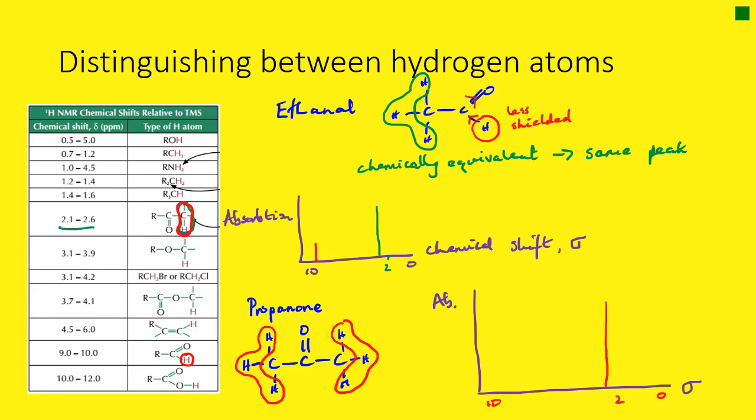Like so. And so now we've distinguished between hydrogens, or in fact noted that chemically equivalent hydrogens all appear on the same peak. So if the chemical shift of a peak tells us the functional group that the hydrogens are in, then we can also tell some more information from the height of that peak, or in fact the area under the curve of that peak.